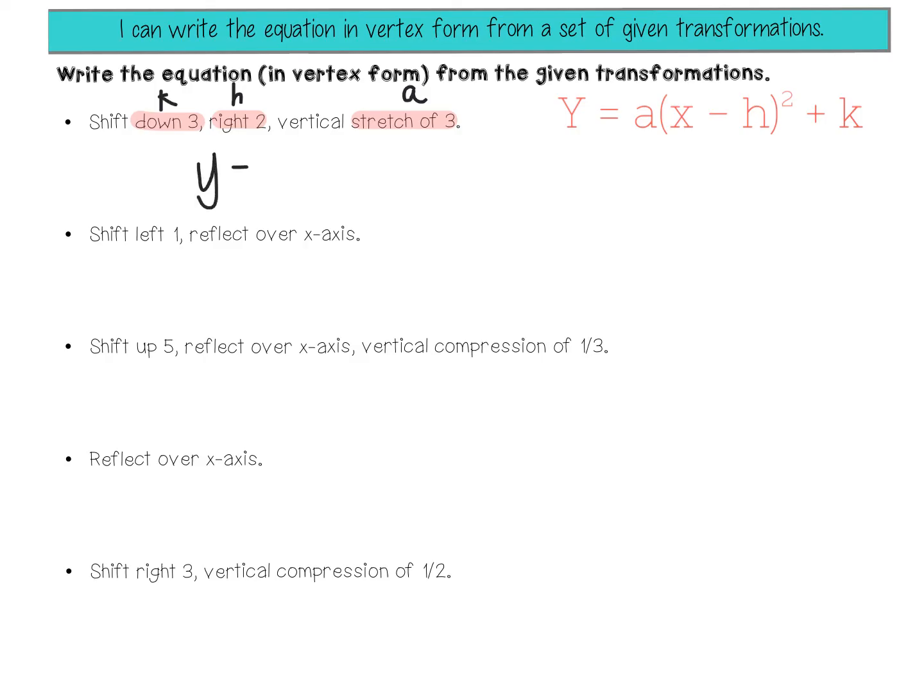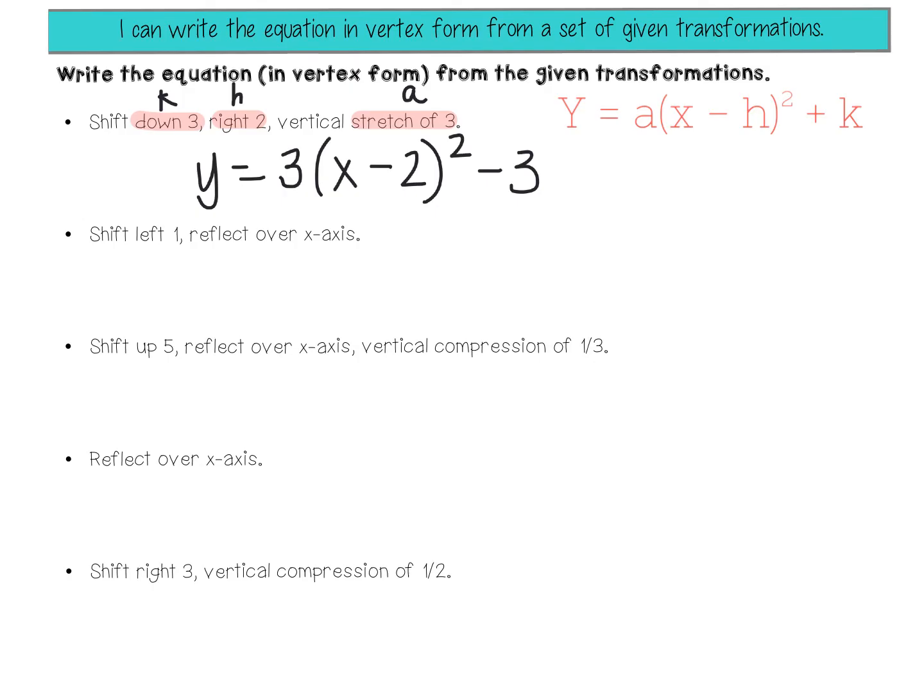So y equals stretch of 3 times x minus, if I'm going right 2, that's a positive movement, so I just put that in, squared, and down 3, minus 3. So that is those transformations in vertex form.